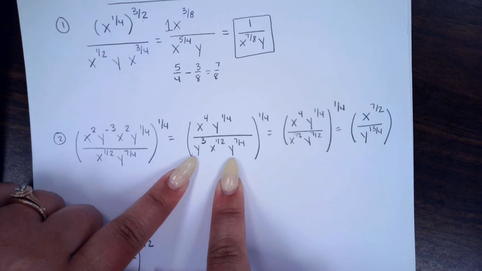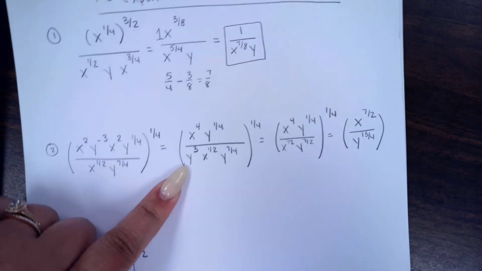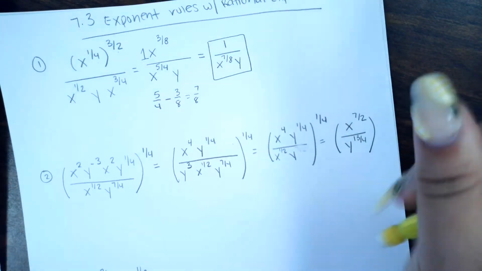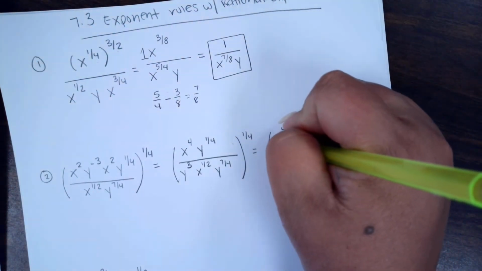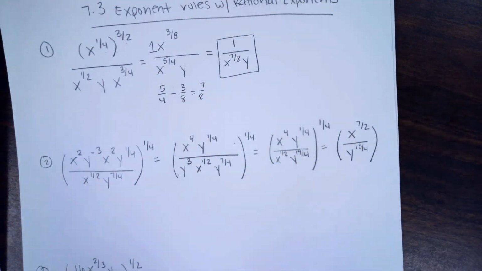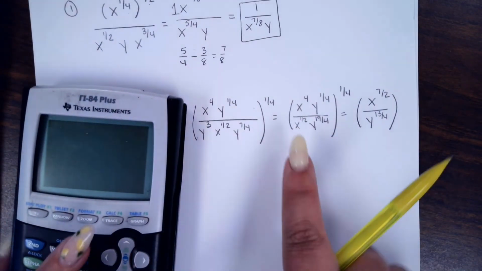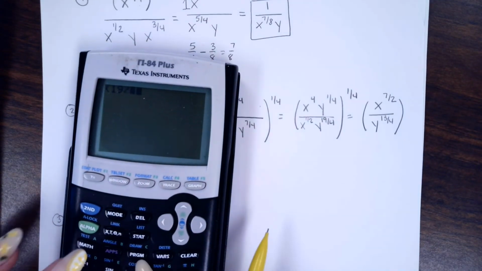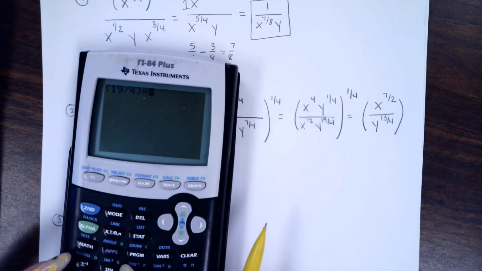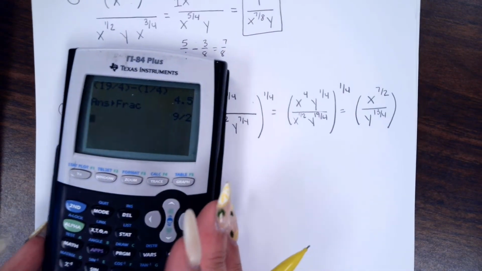If I add those, I get 19/4 here. So this is 19/4. So the x's don't change. Now, if I subtract, I would do 19/4 minus 1/4. And I get 9/2. There we go.